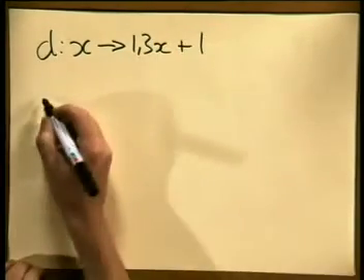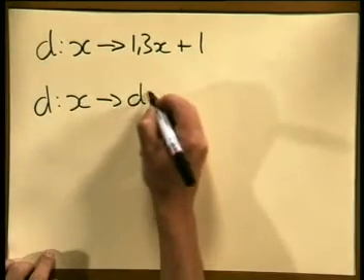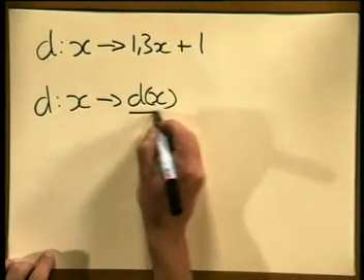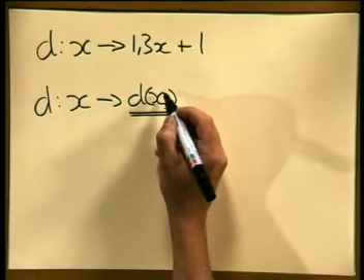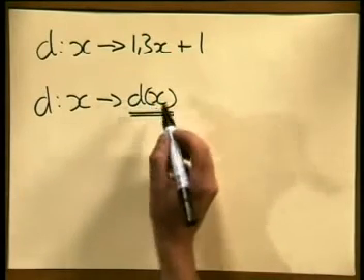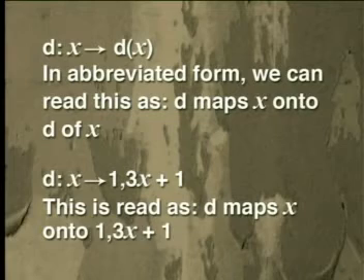Another way of saying this would be to say that d maps x onto d of x. And this portion here is an abbreviated way of saying the result of function d on the input value of x. To become familiar with the terminology, read this out aloud.